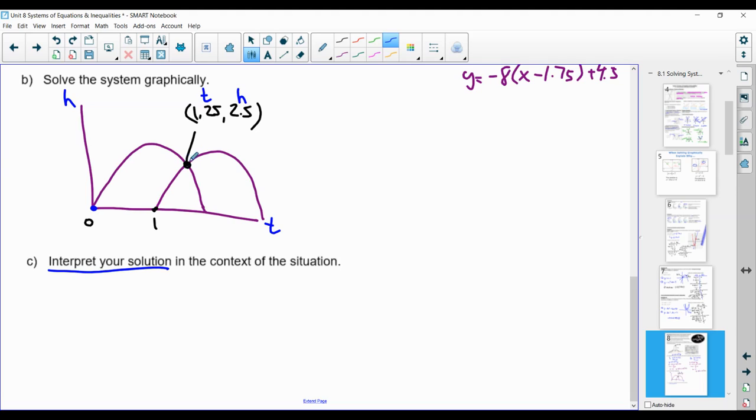And so this intersection point is happening right here. It's also happening 2.5 meters above the seesaw. All right, so 1.25 seconds after the first acrobat takes off, and 2.5 meters above the seesaw, the two acrobats intersect and high five.